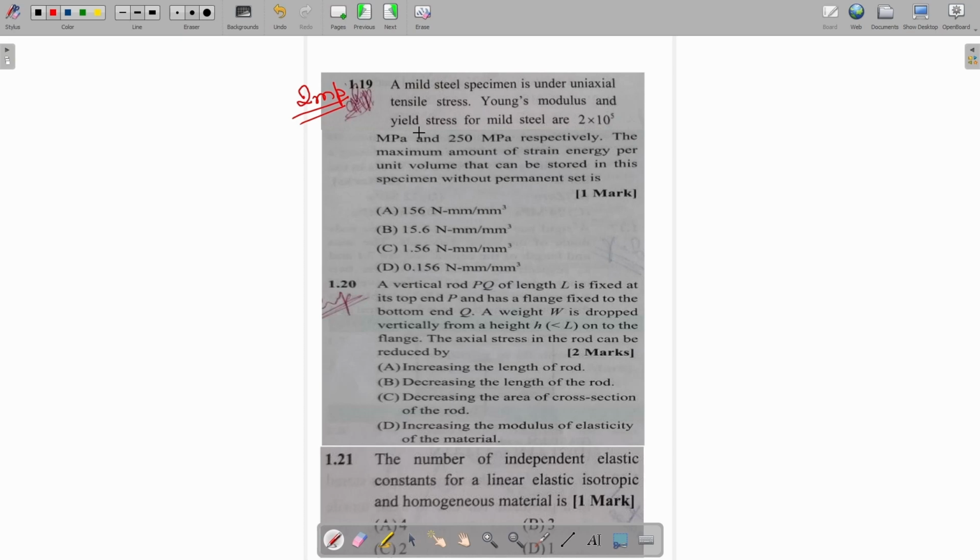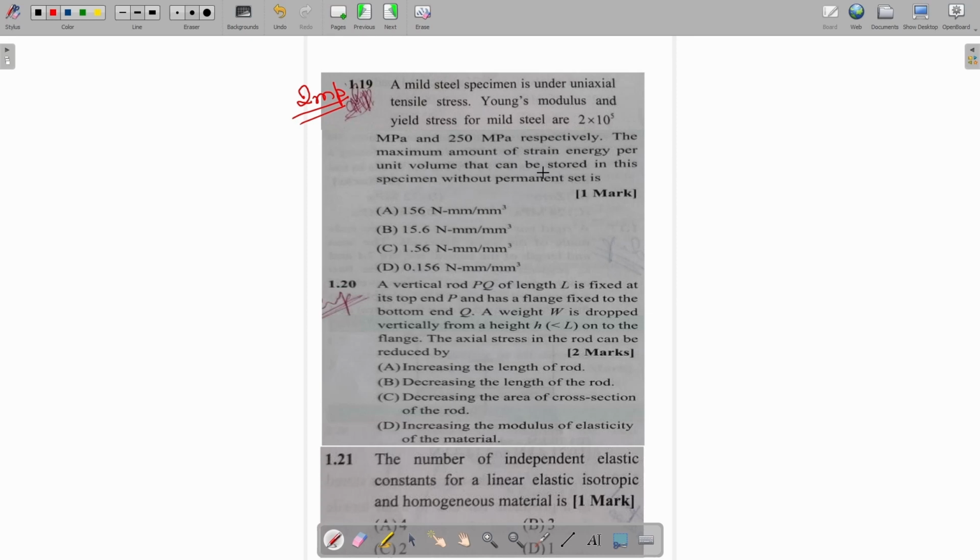The Young's modulus and yield stress for the mild steel are 2 into 10 to the power 5 and 250 MPa respectively. The maximum amount of strain energy per unit volume that can be stored in the specimen without permanent set is which of the following?